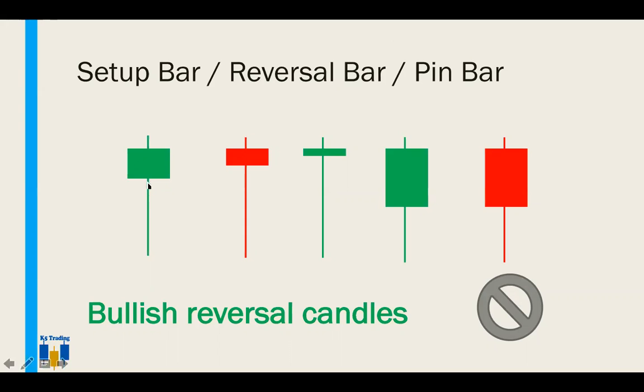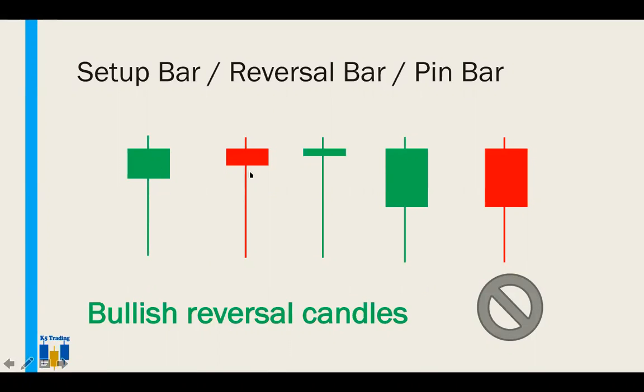It means that if your low wick is at least 3 times longer than your body, and it's coming at the bottom of the price, near the support, then the price will reverse, and that is one of your setup or reversal bars.